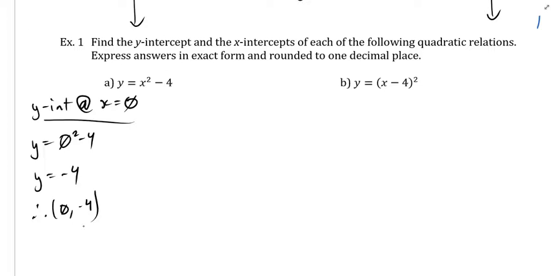It's a good idea to not get the 0 in the wrong spot. And the nice thing again about this is both of my answers are written here. So I know x is going to be 0 and y is going to be -4. So (0, -4). Pretty simple. The y-intercept, in quadratics at least, is always the easiest. Okay, we'll see a couple more complicated ones, but it doesn't get hard.